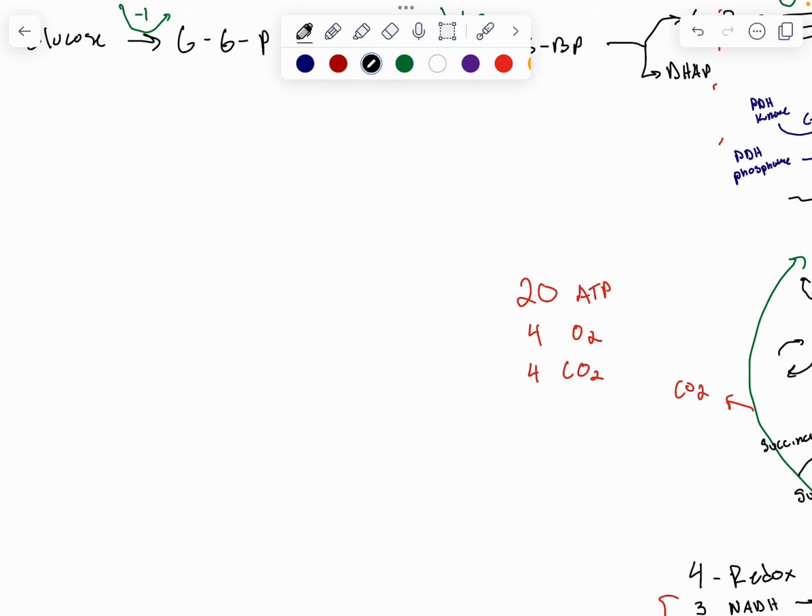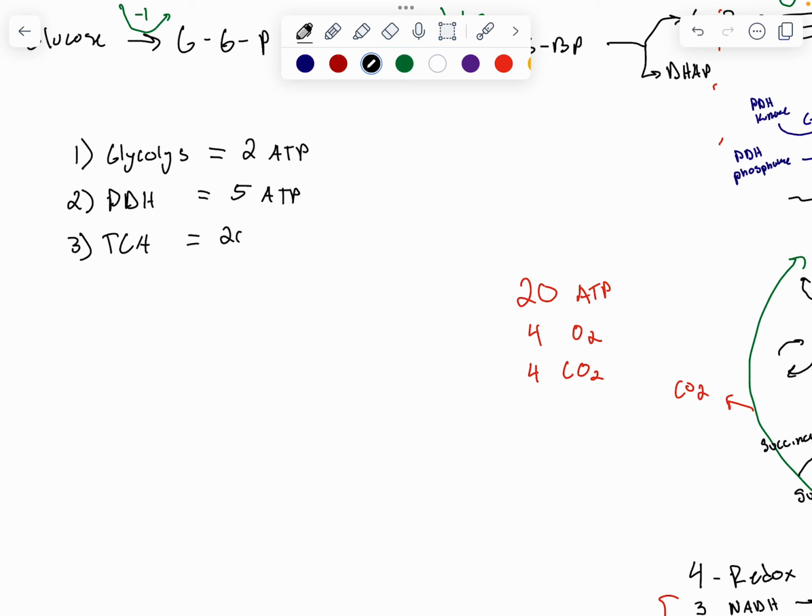So if we want to do a breakdown, glycolysis is equal to 2 ATP, then we have PDH, which produces 5 ATP, and then we have TCA cycle, which produces 20 ATP, and then we have the glycerol P shuttle, which produces 3 ATP.